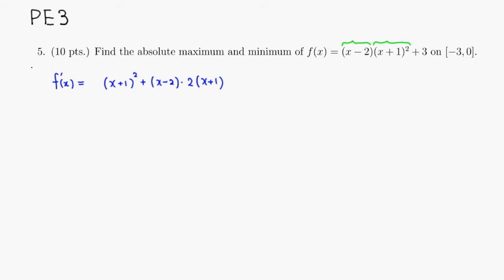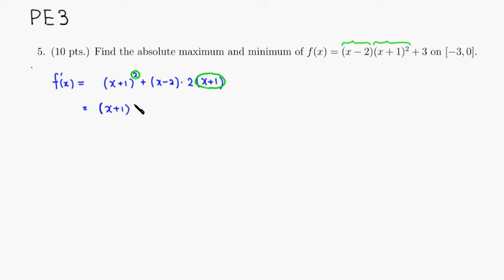Then I'm going to clean up a little bit, so this is going to be equal to, let's find the common factor. There's x plus 1 here and x plus 1 here, there are two of them, so I'm going to circle these to indicate that we have another x plus 1. We can pull that out, so you have the quantity x plus 1.